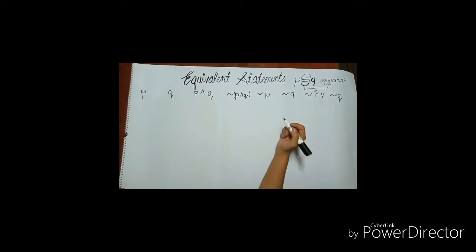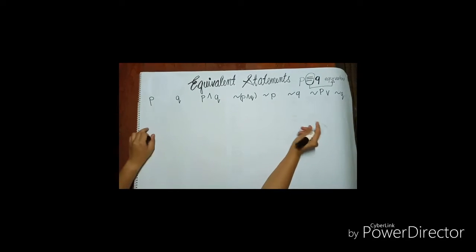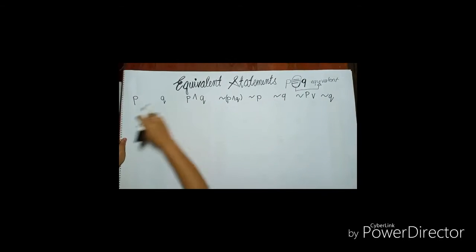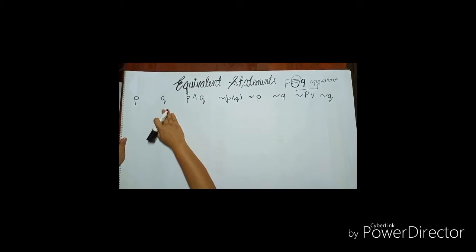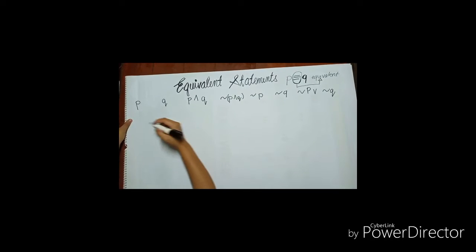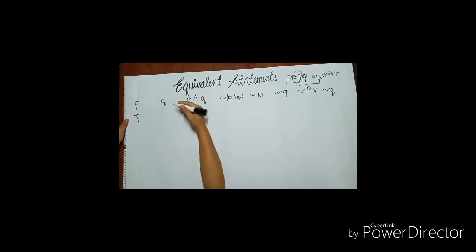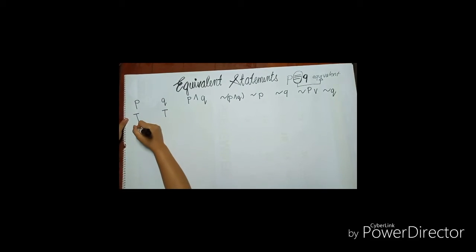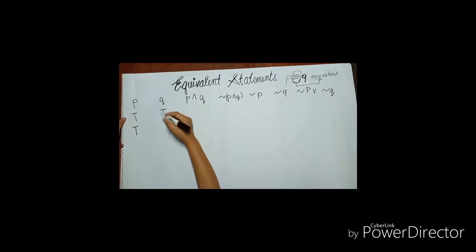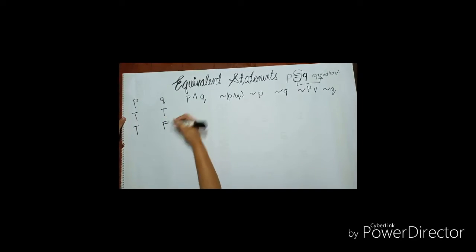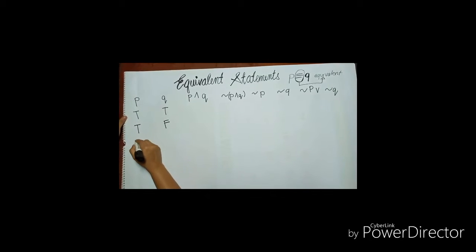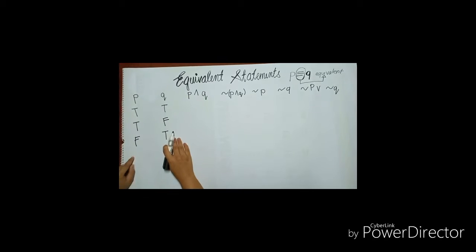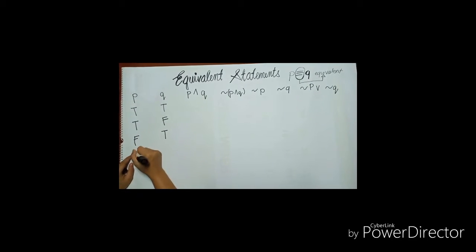I will explain this with the truth table. I have here a truth table with the statement P and the statement Q. Let's say statement P is true and statement Q is also true. Another example is true for statement P and false for statement Q. Otherwise, false for statement P and true for statement Q. And lastly, false for both statements.